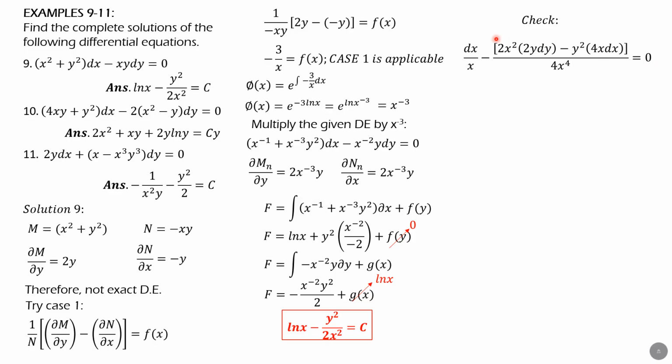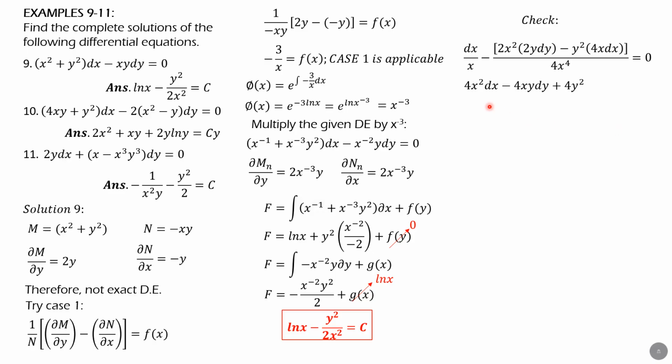We then multiply everything by 4x cubed instead of 4x to the fourth. 4x cubed divided by x, so this becomes 4x squared dx. Since we multiply everything by 4x cubed, there is still x. So minus 4xy dy, then plus 4y squared dx equals 0.